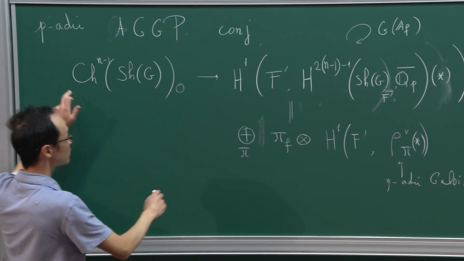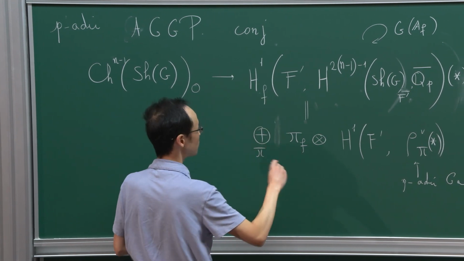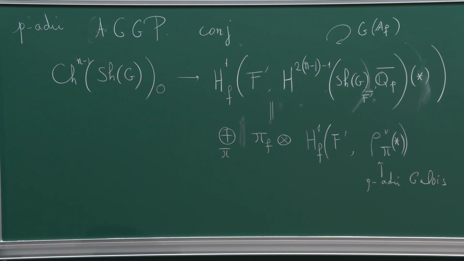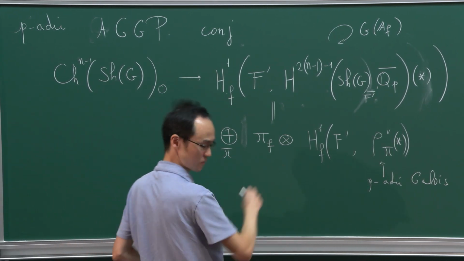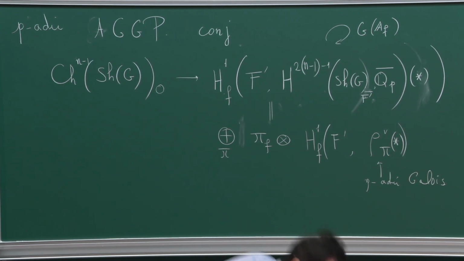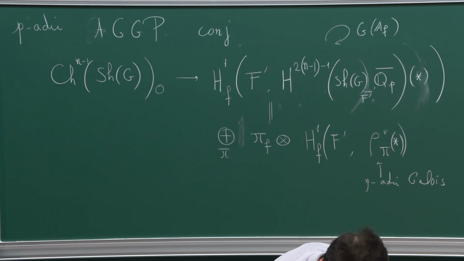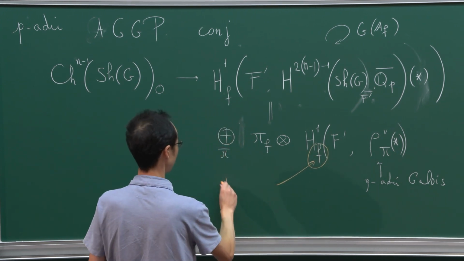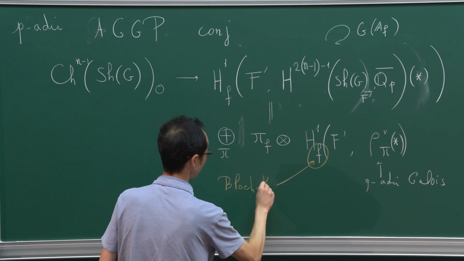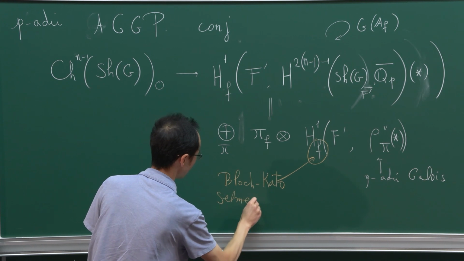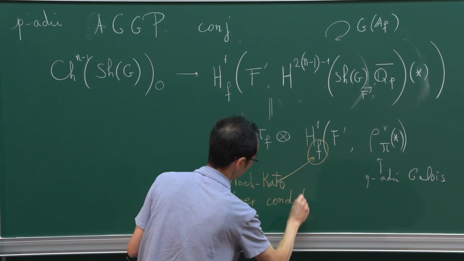In fact, this lies in a smaller space, the so-called Bloch–Kato Selmer group. This lower index indicates the Bloch–Kato Selmer condition.